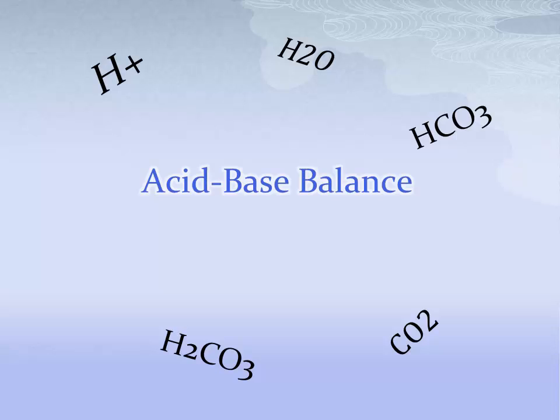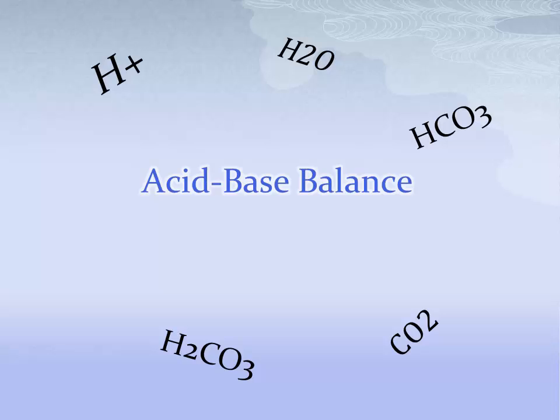So the processes that regulate acid-base balance are the things that cause acid production or intake of acids. So metabolism produces acids. Obviously we're producing acids all the time, because just the normal everyday function of the cells produces acids.